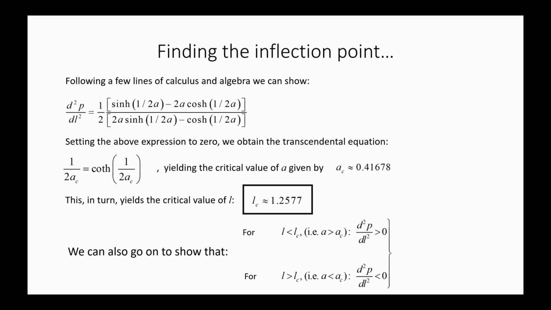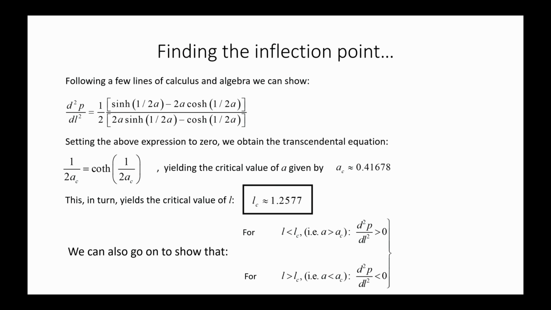And if we want to find the inflection point, we have to set the whole thing to 0. That means setting this numerator to 0, which gives us a transcendental equation, which we can solve numerically to obtain the corresponding critical value of A, from which in turn we can find the critical value of L, which is about 1.257-ish. So at that value of L, the double derivative becomes 0.